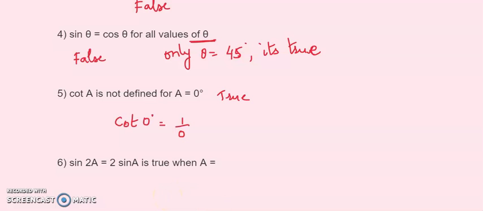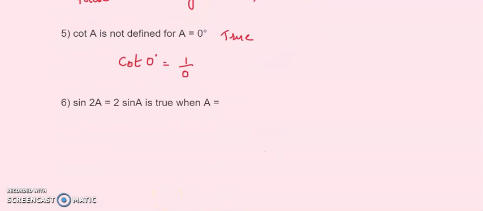Okay, next they are saying sine of 2A equals 2 sine A. So let's say for any A. In this one, we have to find the value of A for which the statement is true. We don't have to say whether it is true or false. We have to find the value of A for which it is true. So let's try taking A as 30 degrees.